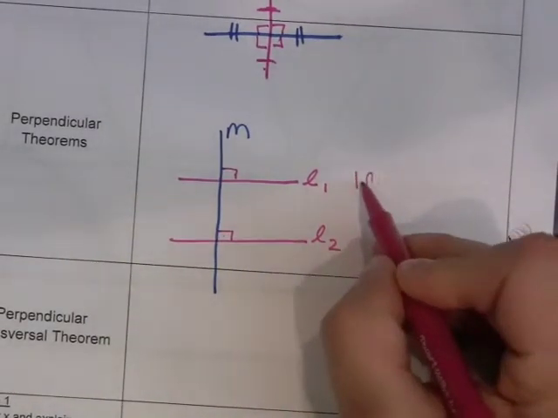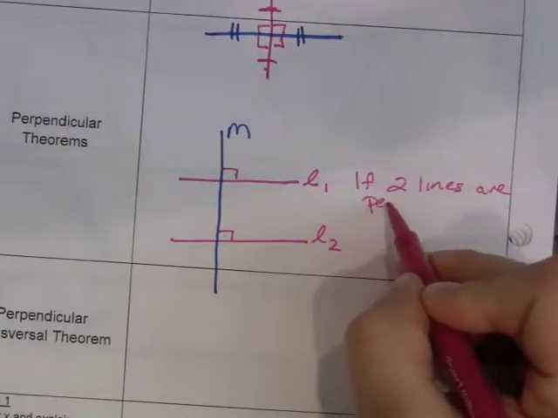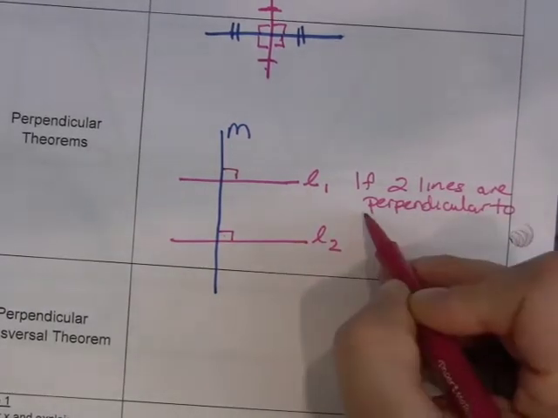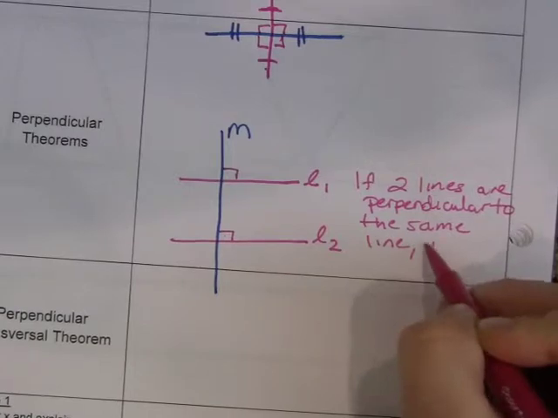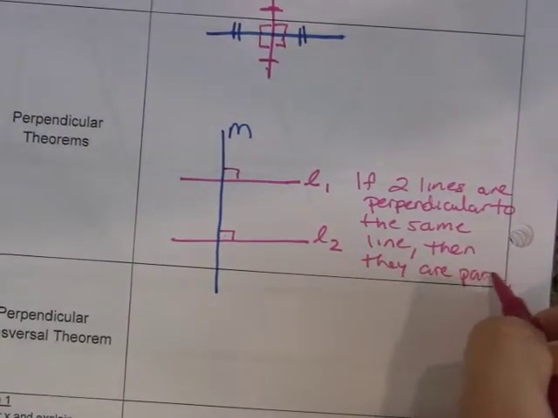So, if two lines are perpendicular to the same line, then they are parallel.